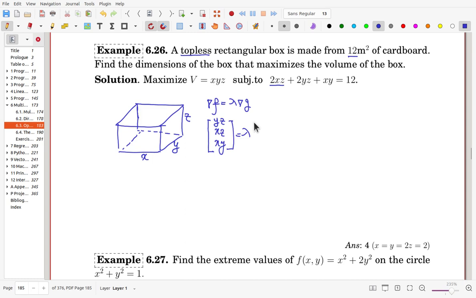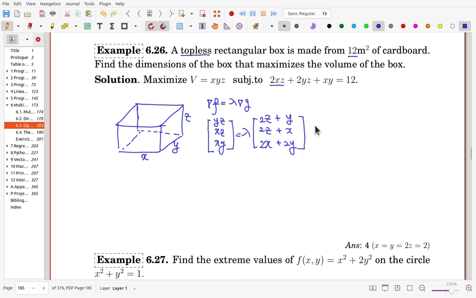And for lambda times g, the x derivative is 2z, right, and the y derivative of the other term will be 0, plus y. The y derivative is 2z plus x. Now the z derivative is 2x plus 2y, and the last one must be 0.